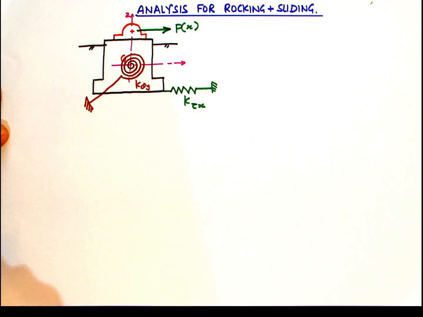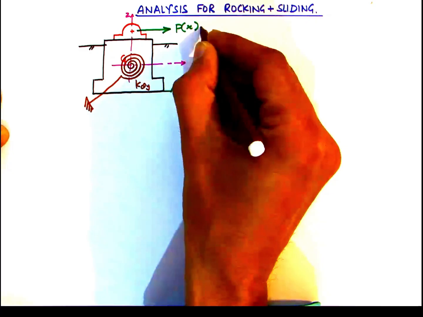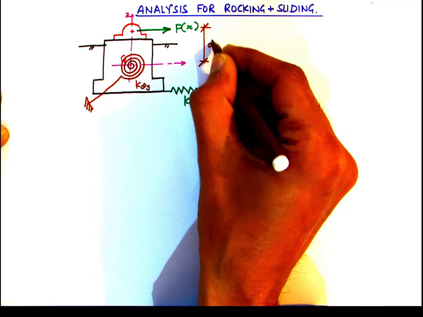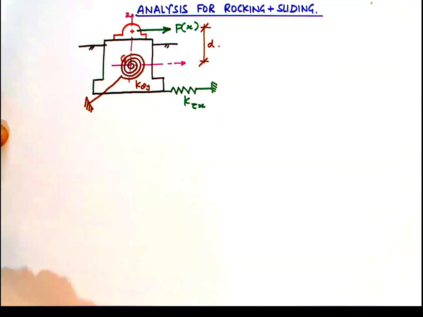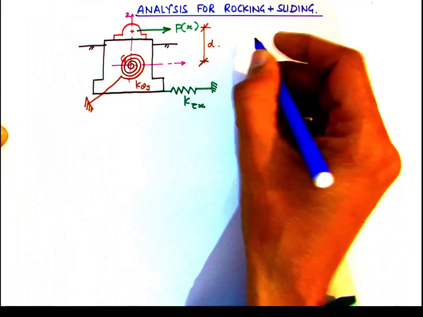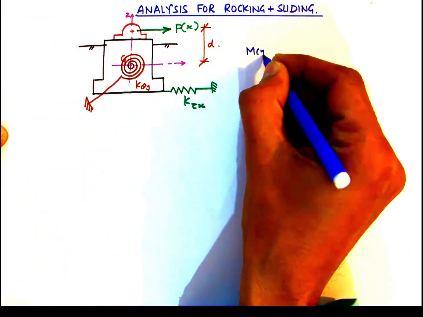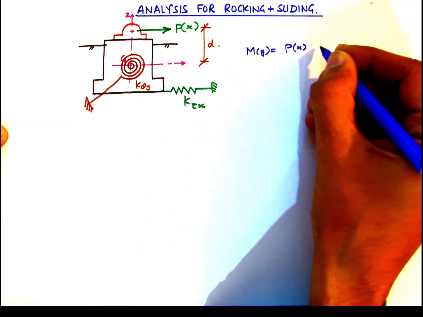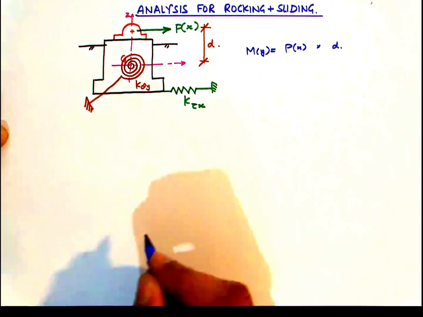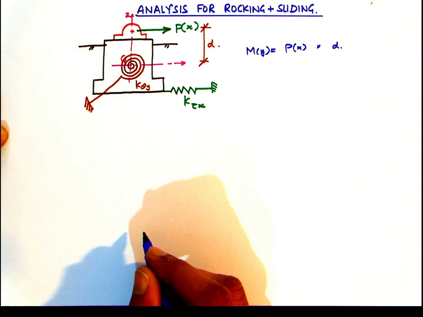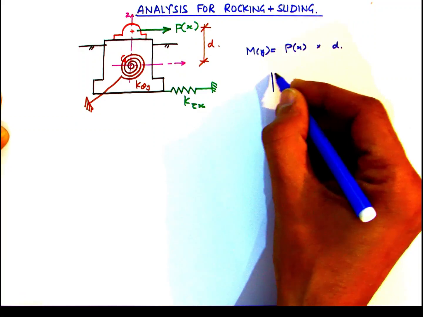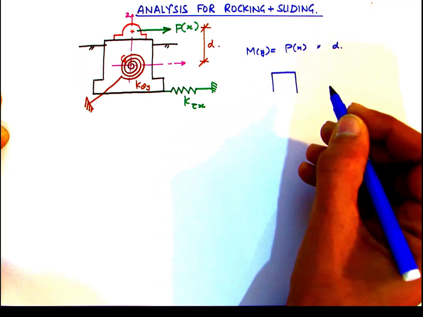So here we are showing the force Px, which is acting in the positive x direction, and it has a lever arm D from the combined center of gravity G. So the moment My is basically the product of the force with the lever arm D, and here this is the positive sense of the moment being clockwise.